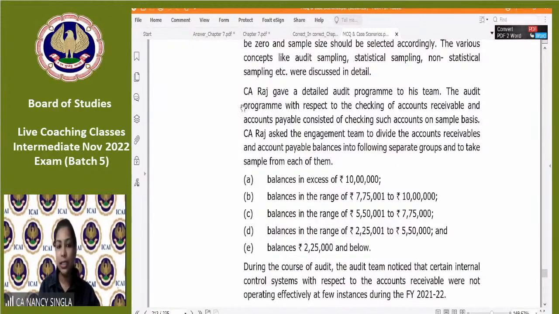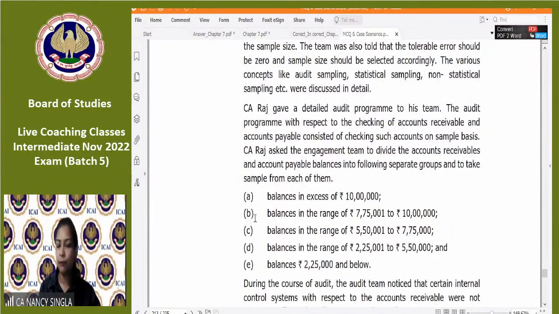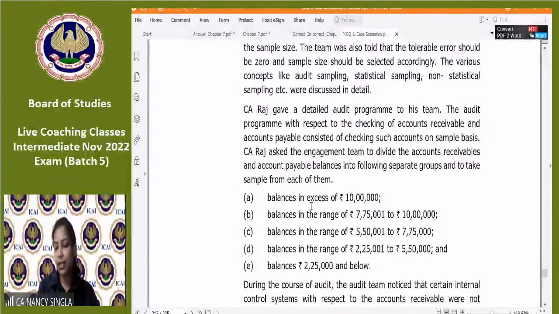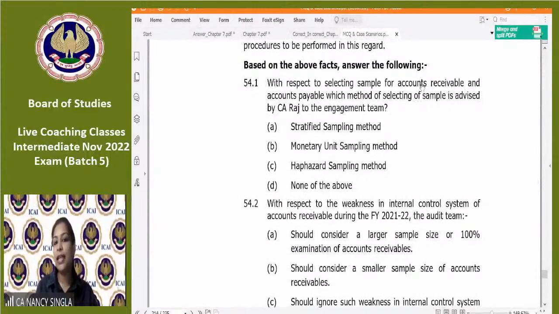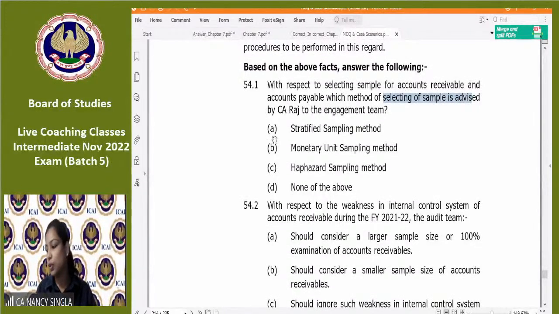So I told you na कि you will get कि with respect to trade receivable क्या किया है, and you in the MCQ you will have to mention what is the name. So you have seen that with respect to trade receivable and trade payables data को divide किया. Now let us look at MCQ number 1. With respect to selecting accounts receivable and accounts payable, which method of selecting data is advised by CA Raj? So what was that? Send in your reply. क्या था वो?